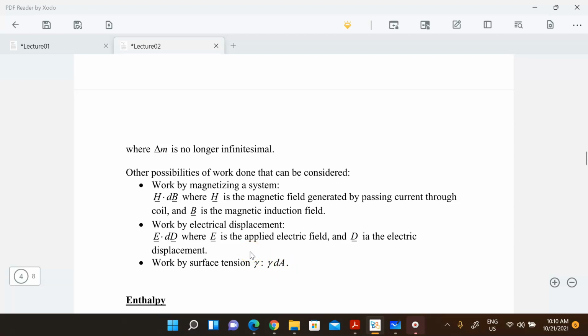Then you can talk about work done by changing the area of the surface, for example. But when we get to those, we will introduce all these things again. At this stage we are just revising the notions of thermodynamics that we have learned before.